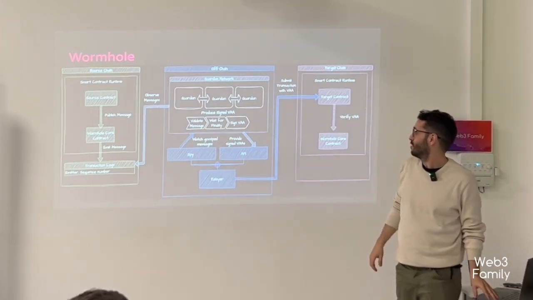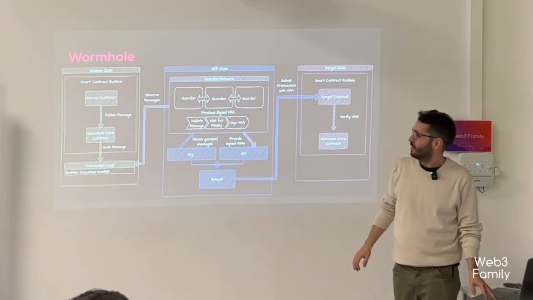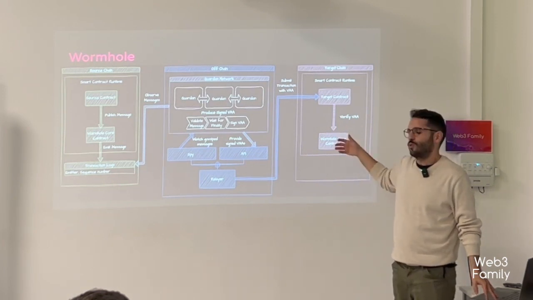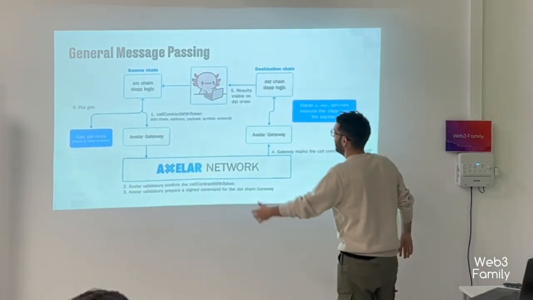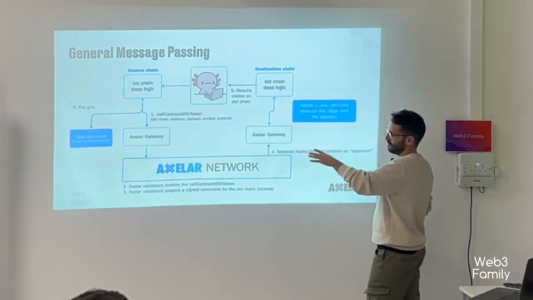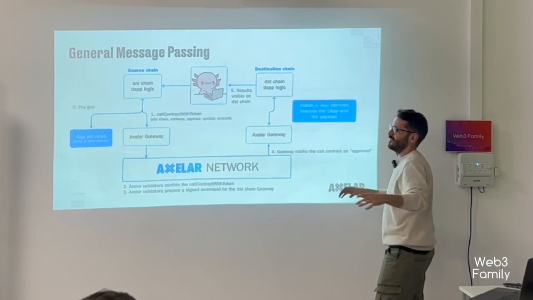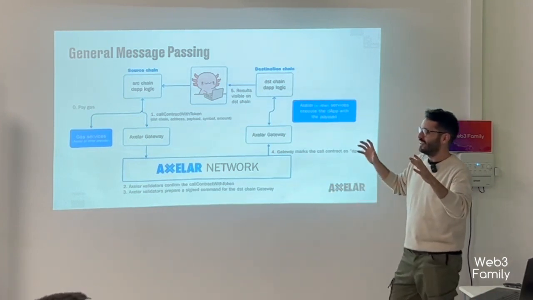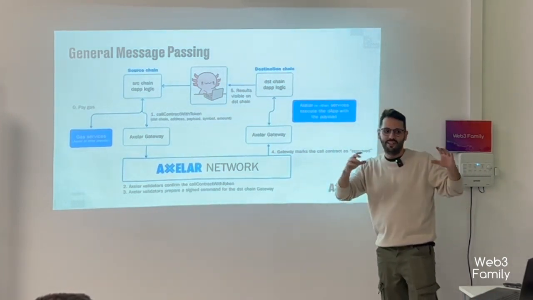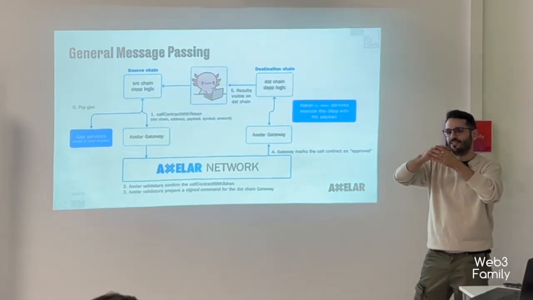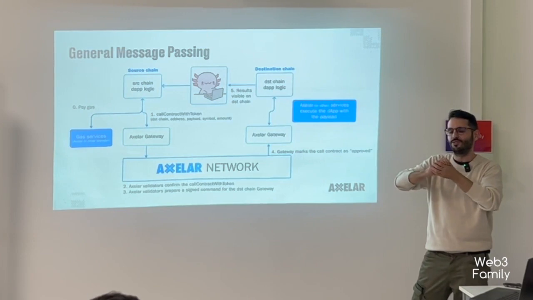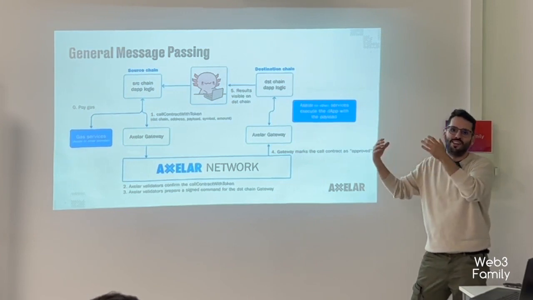But this is Wormhole, and just to put it in comparison to another one that is also really cool, and the style is different too, it's called Axelar. So what is Axelar? Axelar is a blockchain, okay? You have a computer node, you install software on your computer, and then you are an Ethereum node.